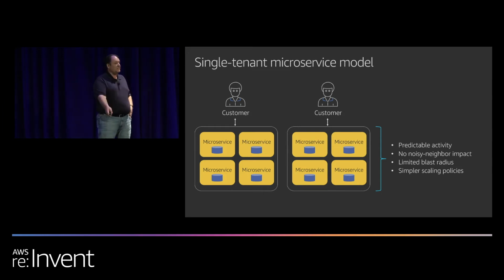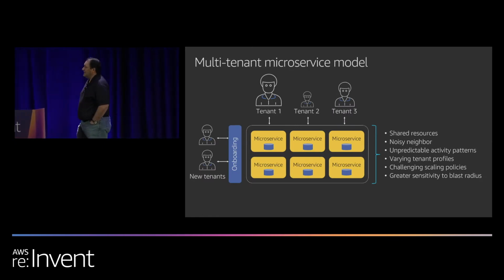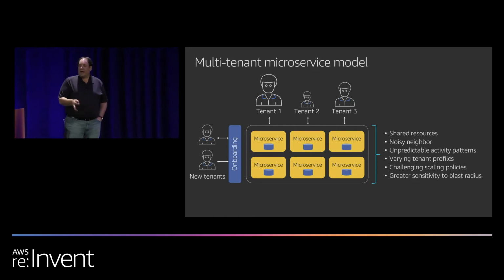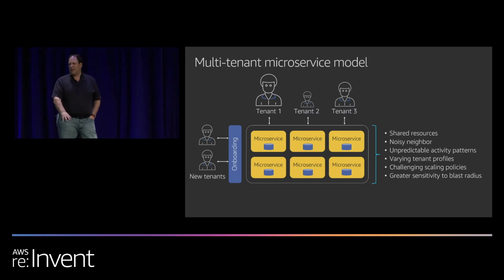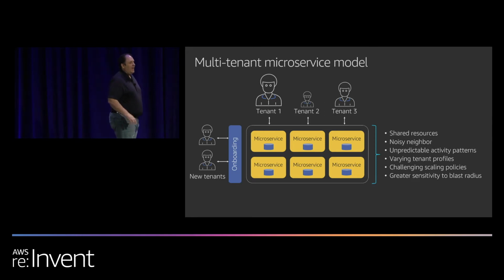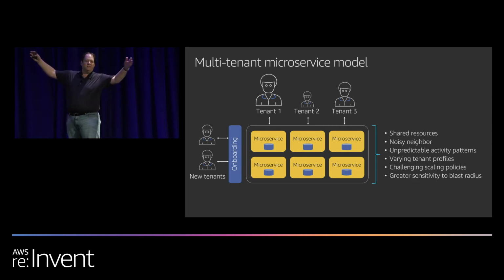Now, take this single-tenant model, and now let's project that forward to what a multi-tenant SaaS environment looks like. In a multi-tenant SaaS environment, now all of these microservices are shared by all the tenants of my system, potentially. There's all kinds of variations of that, but let's go with this one as the one we're using for the moment. And those tenants will come in all shapes and sizes. Some tenants will have a massive data footprint, but only use this much of the system.